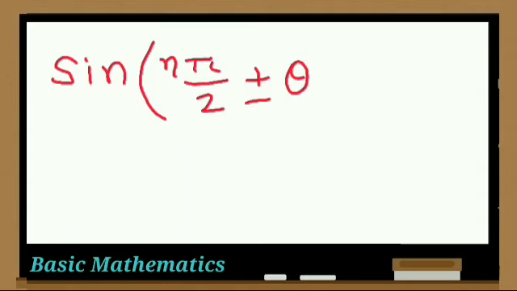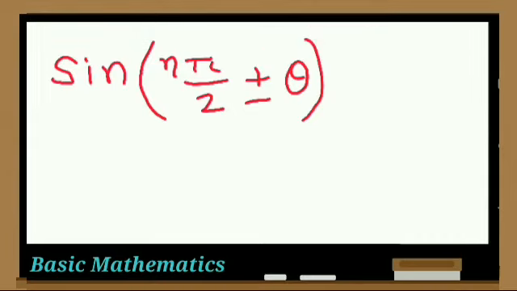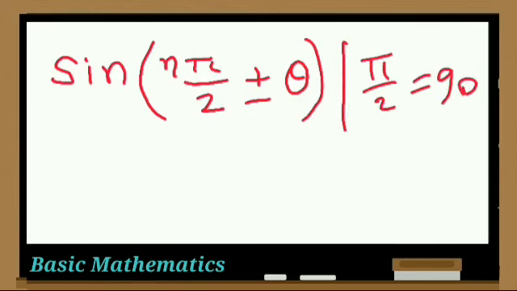In this condition, pi by 2 is equal to 90 degree. Pi by 2 is in radian and 90 is in degree. And n is any number.